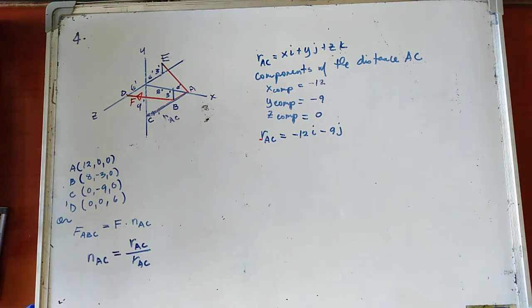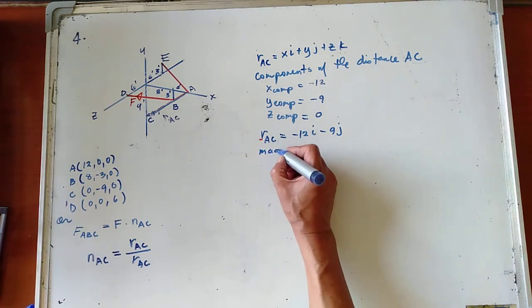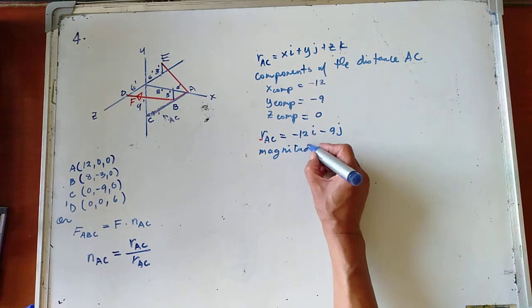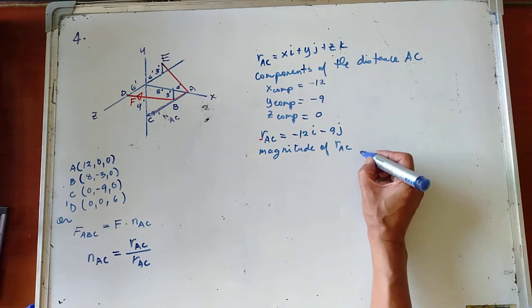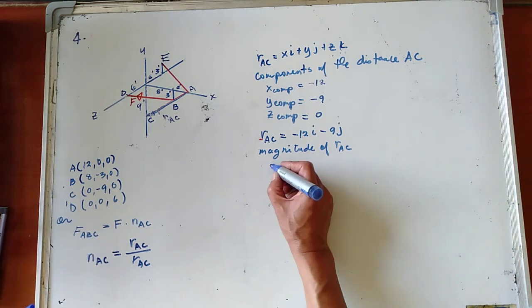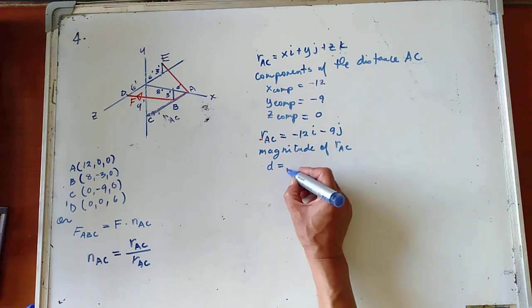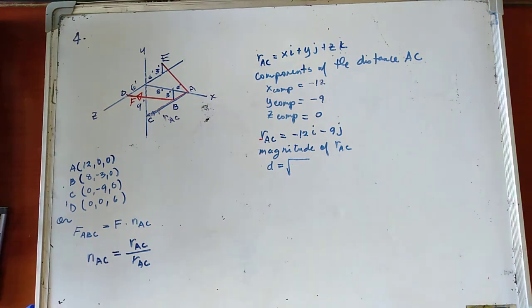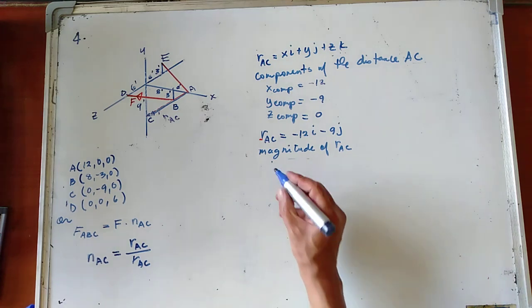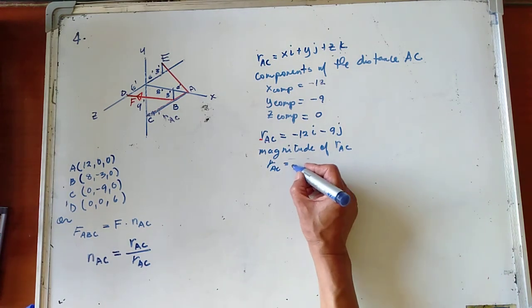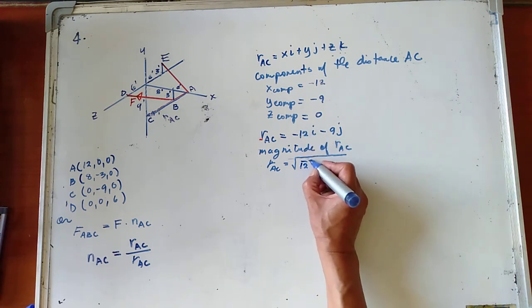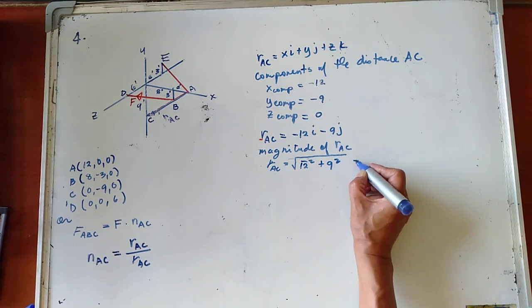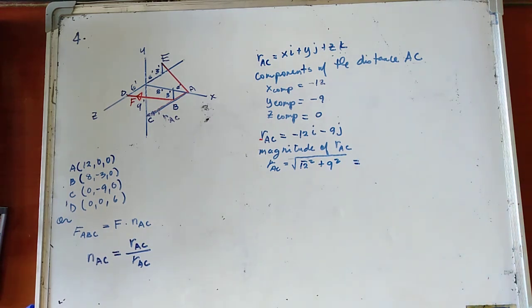So let's try to determine the magnitude of RAC. The magnitude of RAC is equal to the square root of 12 squared plus 9 squared, which is equal to 15.